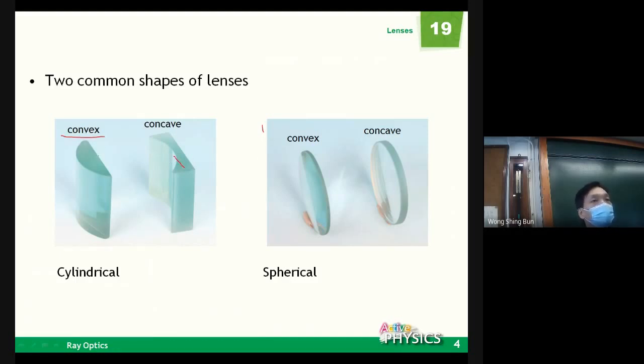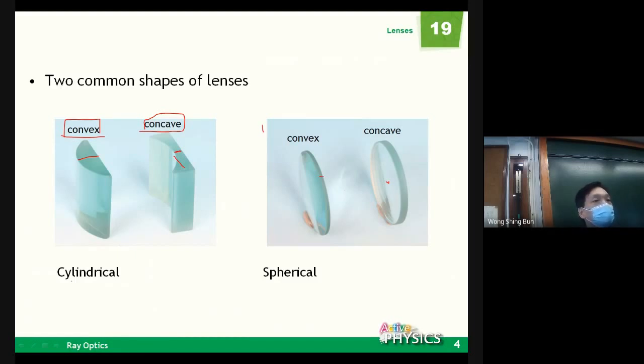Exactly the same. Center thicker, convex; center thinner, concave. For a convex one, the center is thicker. For a concave one, the center is thinner. This one also: you can see that this part should be thinner, and this part should be thinner.